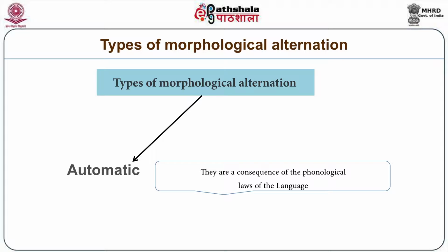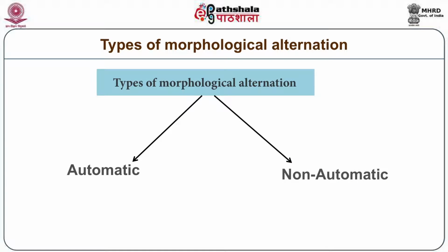All other alternations, as you can see, are non-automatic. So you've got a branching tree if you want, alternations on top, automatic on the left, the other branch is non-automatic. Now that right-hand branch then again branches out into the second type and the third type. So among the non-automatic alternations, there are some which are regular non-automatic alternations.